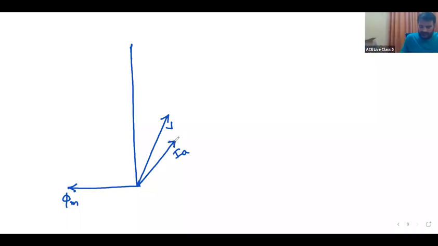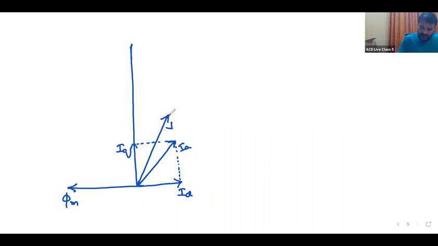Now, IA can be divided into two components. Of course, it is the same phasor diagram, but if I draw it there, it is already clumsy, so to have clarity I am taking another diagram. This is ID, this is IQ. Same phasor diagram, and this is IA.